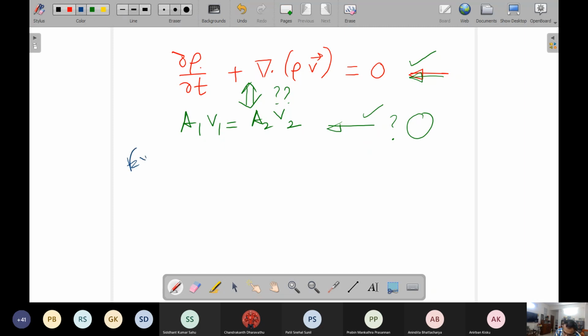So let us take an example of a fluid flow through something, which I have made a very arbitrary shape. The only hallmark which I want to keep here is that this area of cross section is a function of x, where x is this.